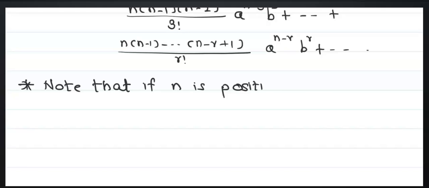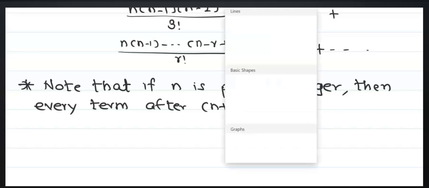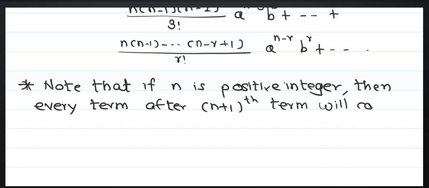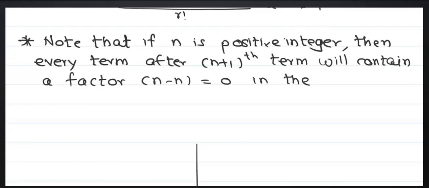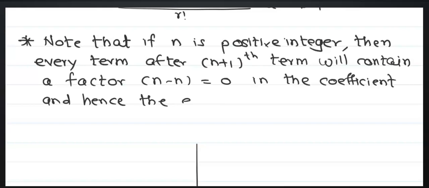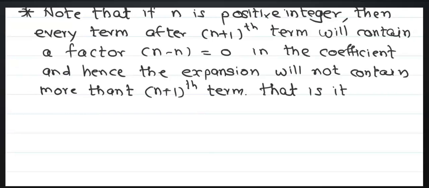Note that if n is a positive integer, then every term after the (n plus 1)th term will contain a factor n minus n, that is equal to 0, in the coefficient, and hence the expansion will not contain more than n plus 1 terms if n is a positive integer.